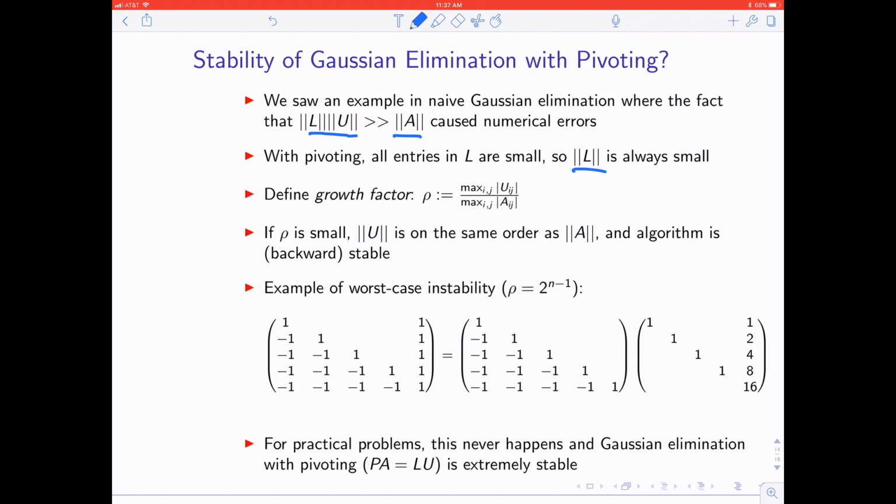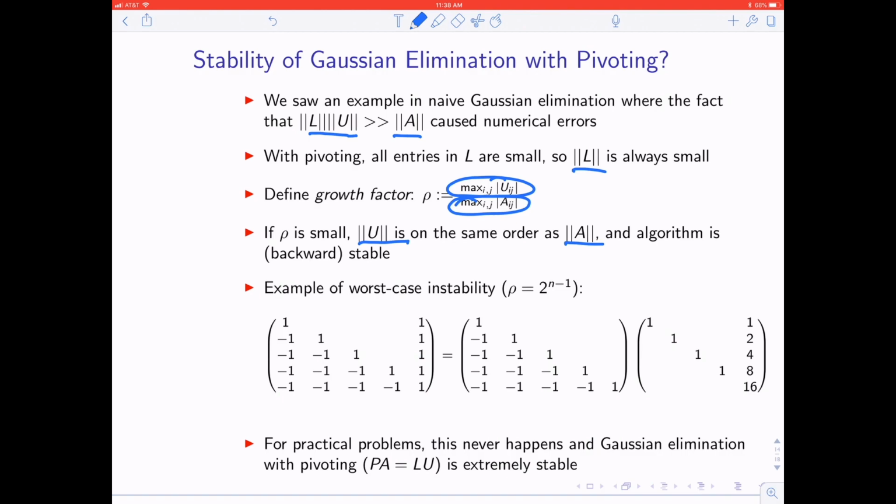So we can define a growth factor, which is the largest of the absolute values of the elements of U divided by the largest of the absolute values of the entries of A. And if this growth factor is small, then the norm of U is on the same order as the norm of A, and our algorithm is stable. We don't have the kinds of computational problems that we worried about before.